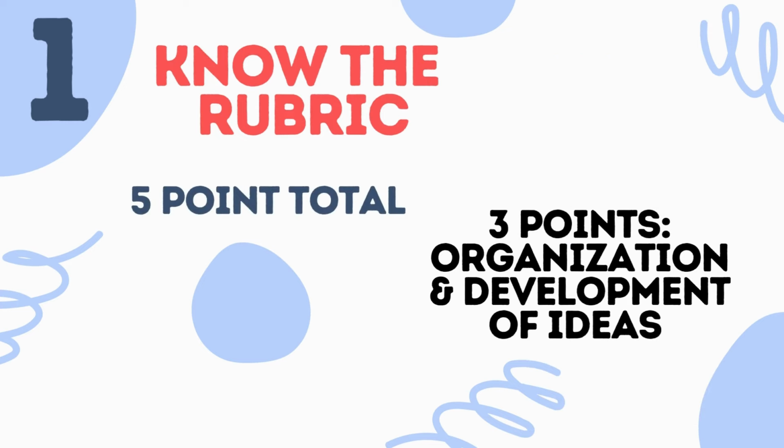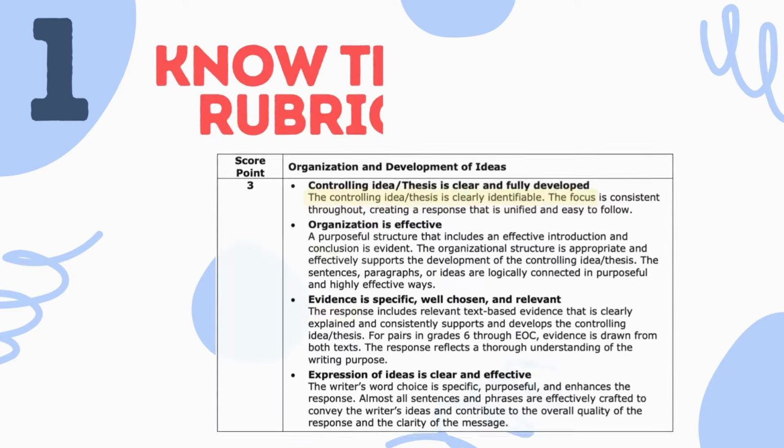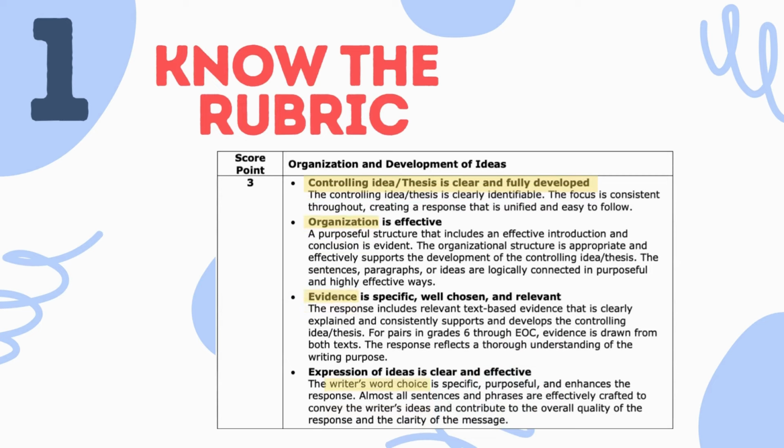To break it down for you, there's 5 total points that you can score. 3 of the points are going to come from your organization and development of ideas. So basically, they're looking for a very clear and developed controlling idea, and this controlling idea answers the specific question.